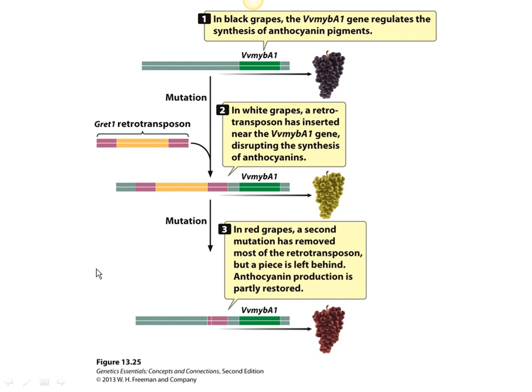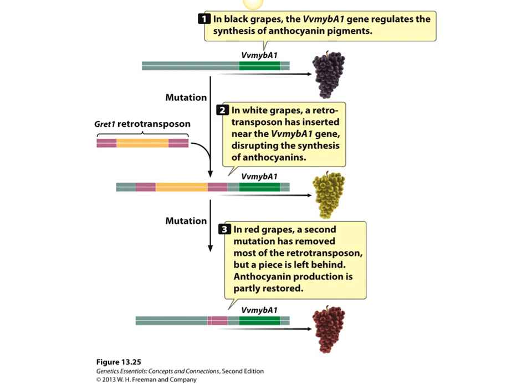Now, one kind of easy example of how transposons create different alleles or different phenotypes is in grapes. Black grapes have a functional gene that creates the production of anthocyanin pigments, which makes the grapes black, because that's really the natural color.